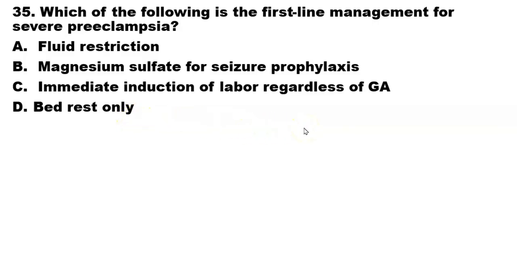Think over it for 5 seconds. If you said B, you have got it, because magnesium sulfate is administered to prevent seizure in severe preeclampsia, followed by timely delivery depending on fetal and maternal status.